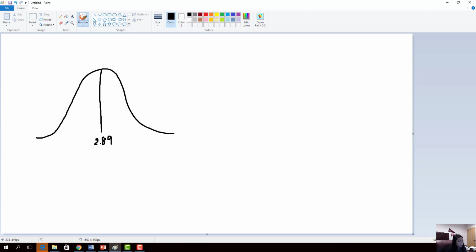I want to know what weight 40% of piglets weigh less than. And then this would be 40%, right?